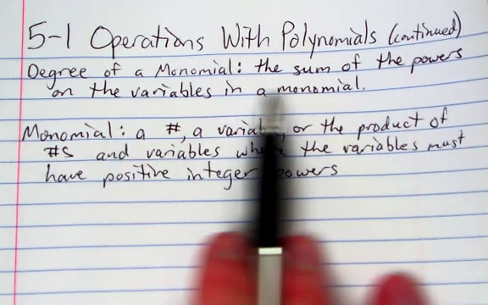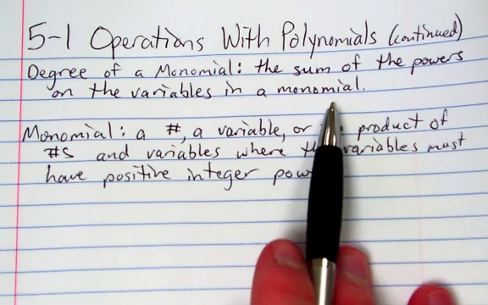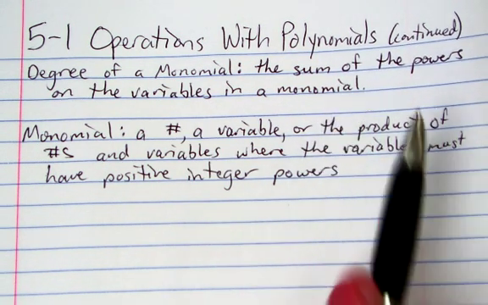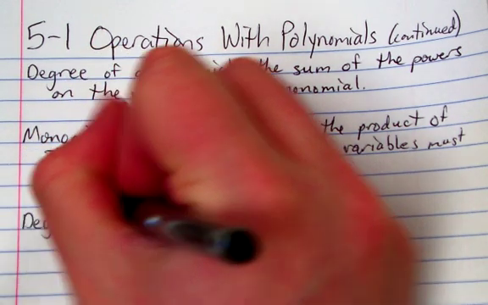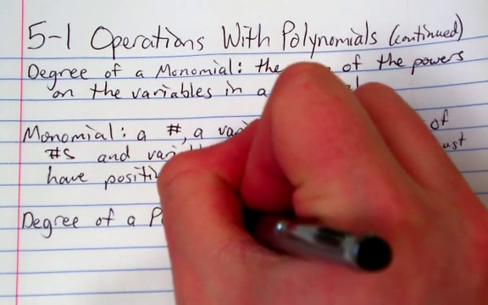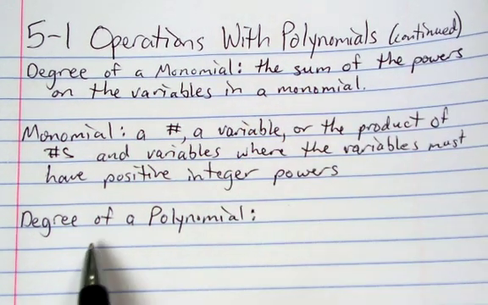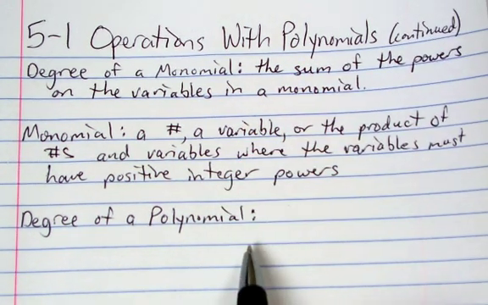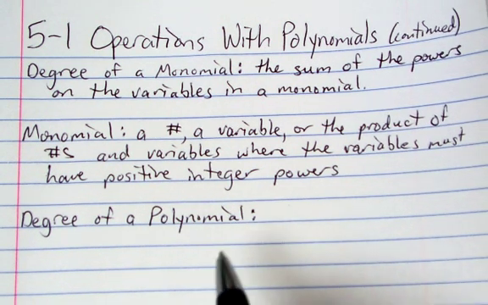So the degree of a monomial is the sum of the powers on the variables in a monomial. The degree of a polynomial: remember that a polynomial simply means many terms. So the degree of a polynomial is going to be the highest degree of its monomials.